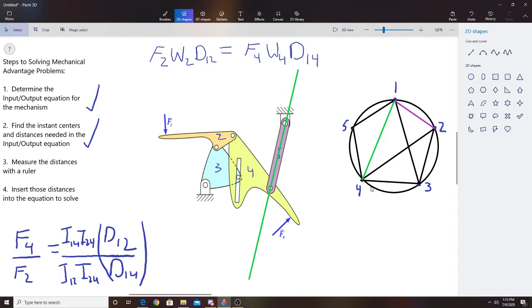Now we have to do I13 and I34. So I13, I34. I13 and I34 is right here. So I13 is here, and I34 is this line straight across.